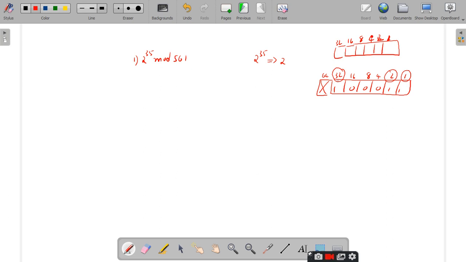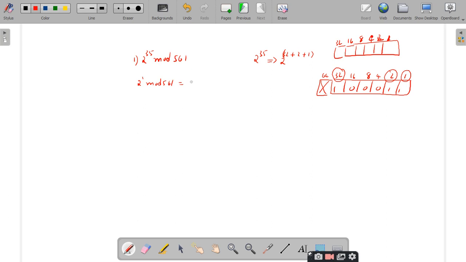So I have to calculate the values of 2 power 32 mod 561, 2 power 2 mod 561 and 2 power 1 mod 561. Now I will start with repeated squaring. What is the value of 2 power 1 mod 561?